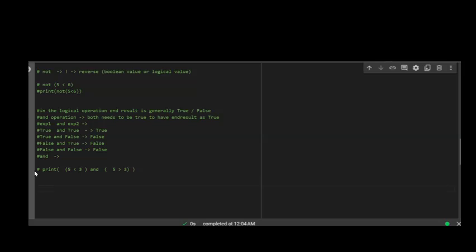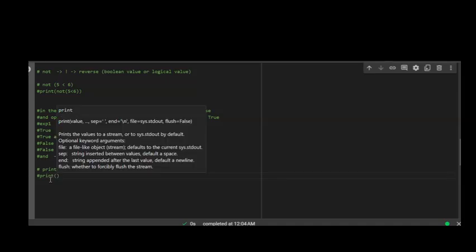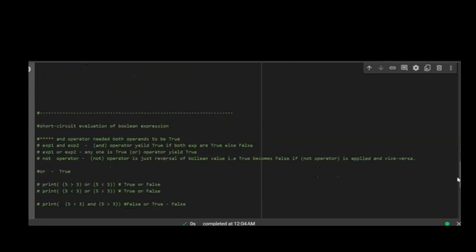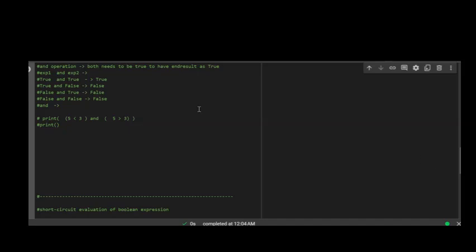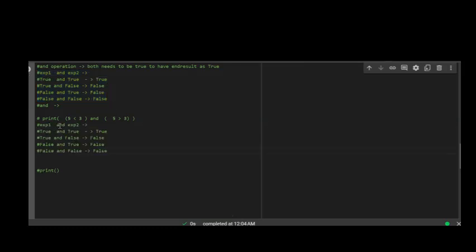Now similar goes with or. I'm not going to explain much. What happens with or is, I have to write it again basically. So we have similar expressions, only or will be here, right? Expression 1 and expression 2, again two operands are needed for or to operate on the expressions.